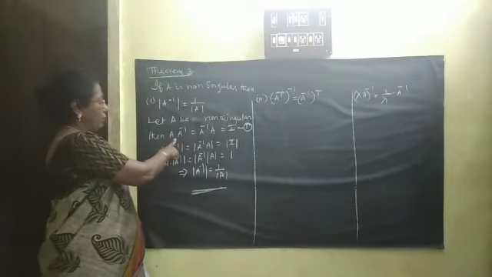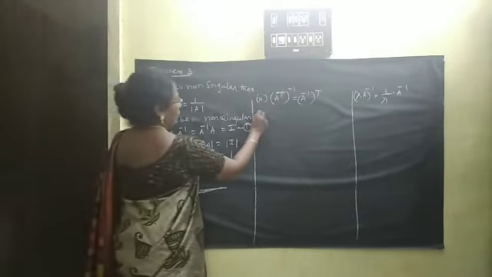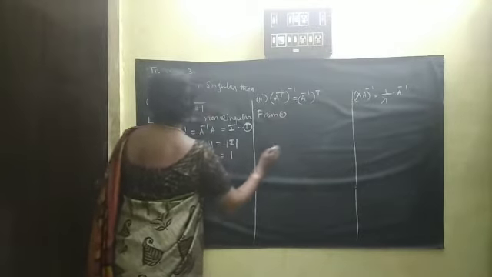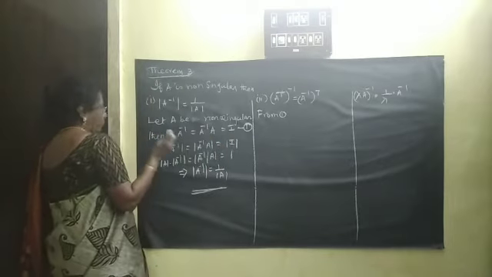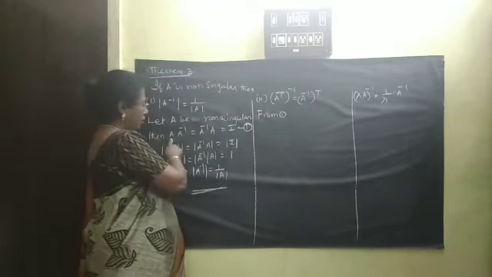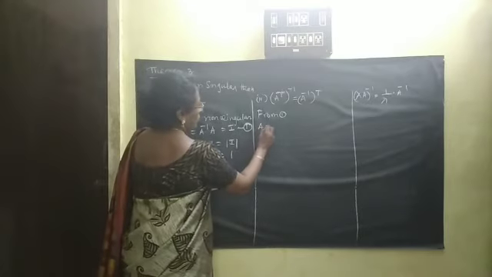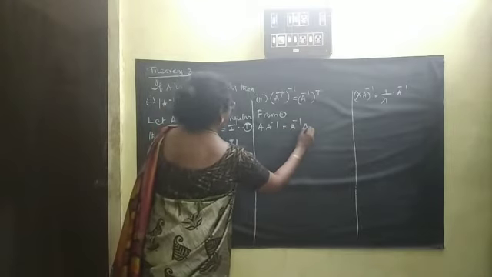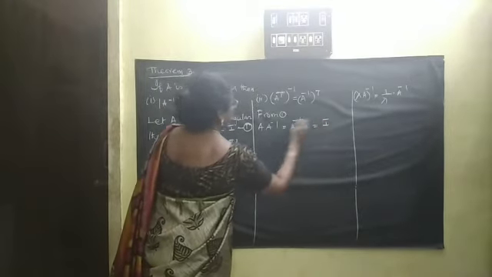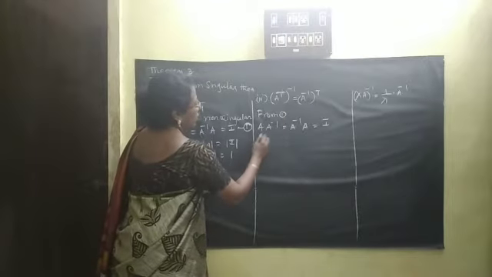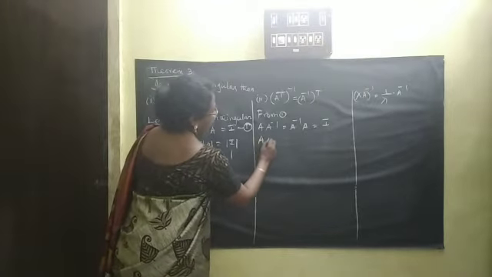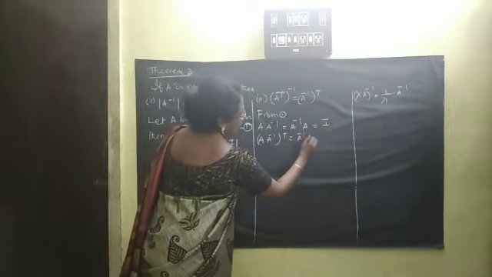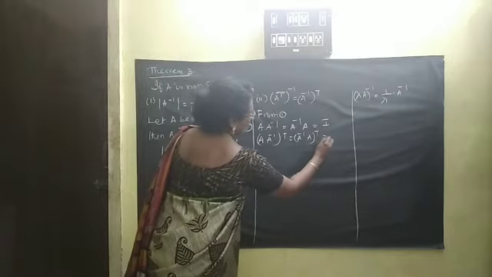Once again from 1, we get A inverse into A is equal to I. Now taking transpose on either side, A inverse A the whole transpose is equal to I.